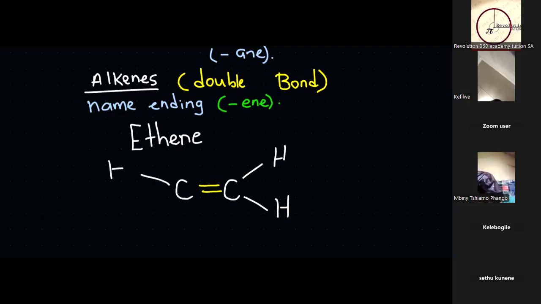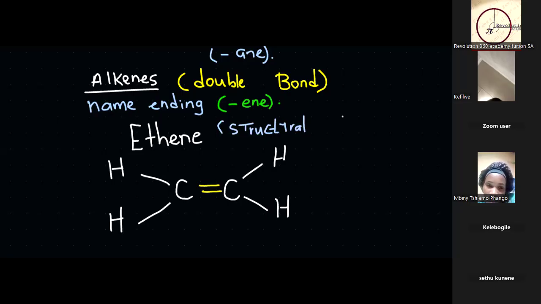To those who don't know, if they say draw the structural formula of ethene, you must draw this one. Let me make sure that my handwriting is a bit good. Structural formula of ethene. So that is ethene.